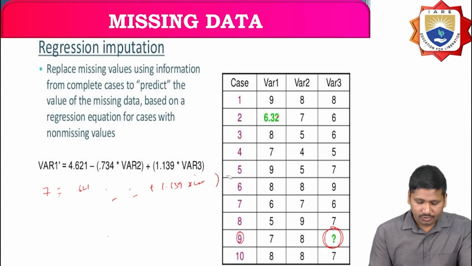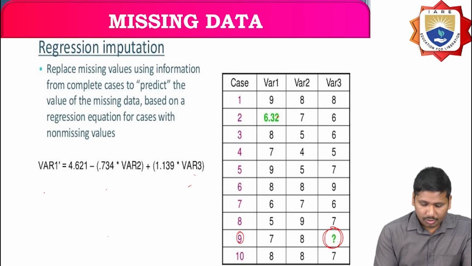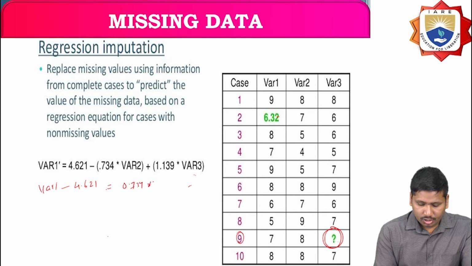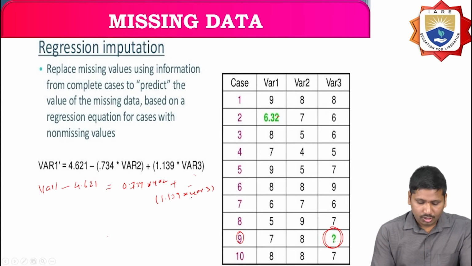Otherwise, we simply satisfy this equation and calculate variable 3 here. I can do that. So take it out: variable 1 minus 4.621 equals 0.734 into variable 2 plus 1.139 into variable 3. So again, apply this.